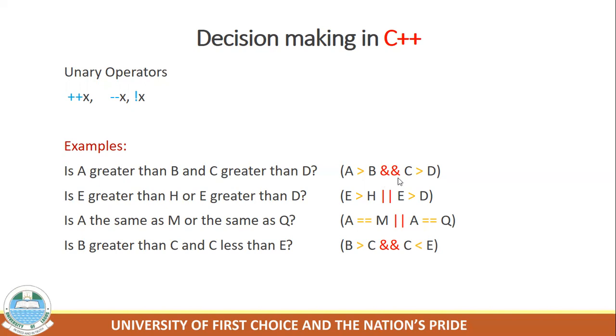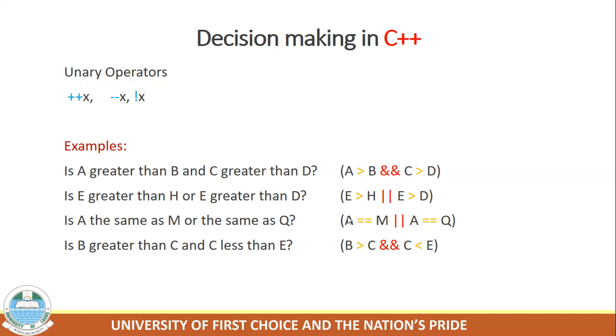You use your double ampersand. And C greater than D. Is E greater than H, or, so how do you write your or? Double pipe. E greater than D. Is A the same as M or the same as Q?